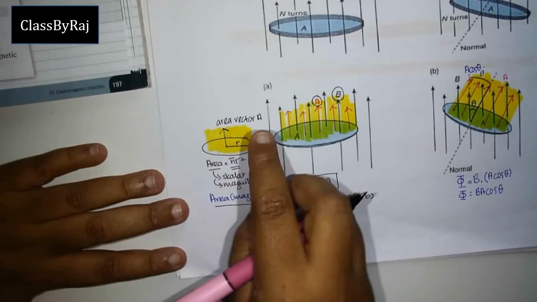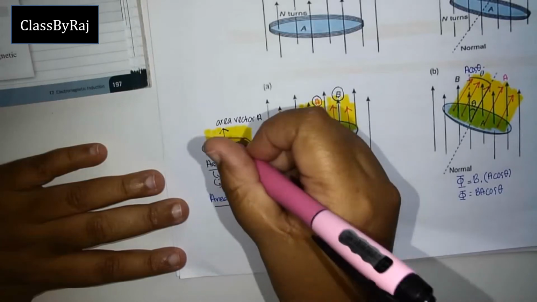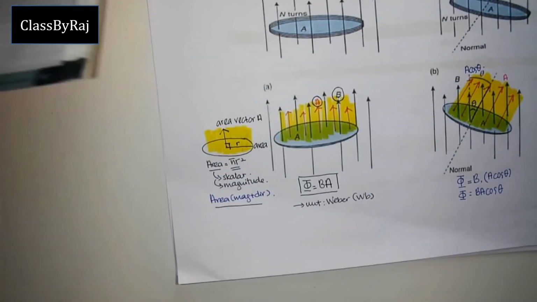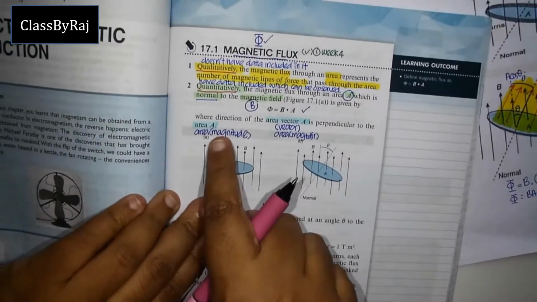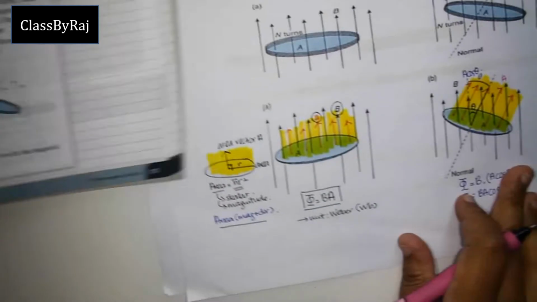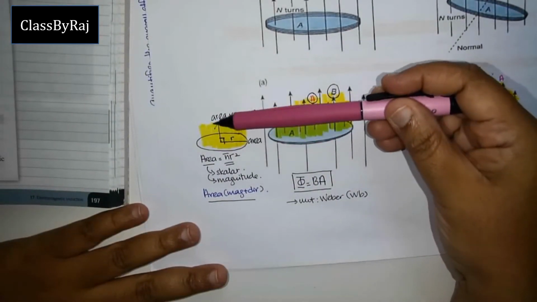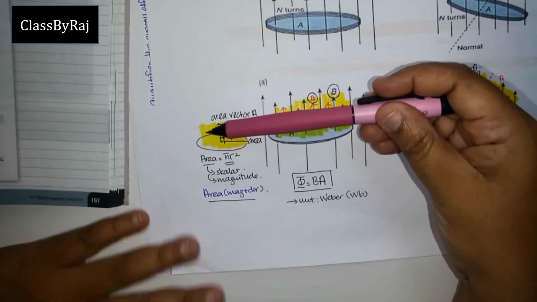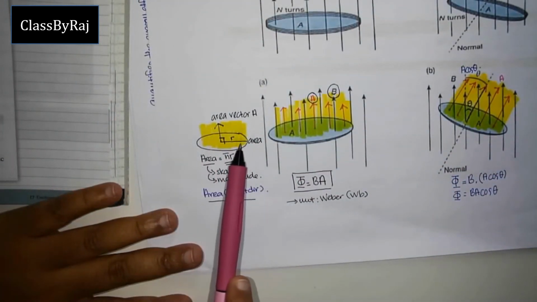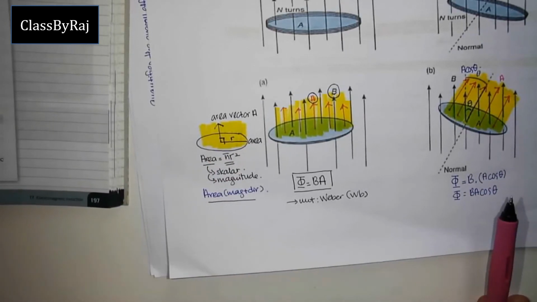But this is area vector A, so it's magnitude plus direction. So they are perpendicular. That's why the book says the direction of the area vector A is perpendicular to the area A. That means this area, which is associated with direction, is perpendicular to the area which is the scalar, which is the magnitude.